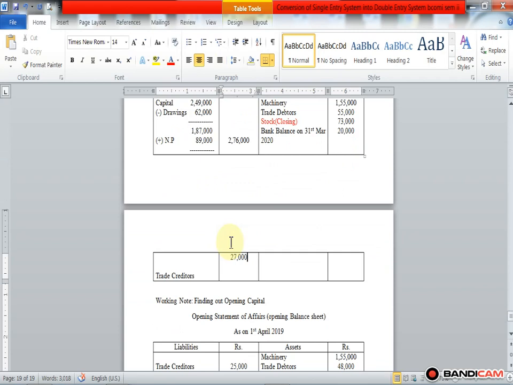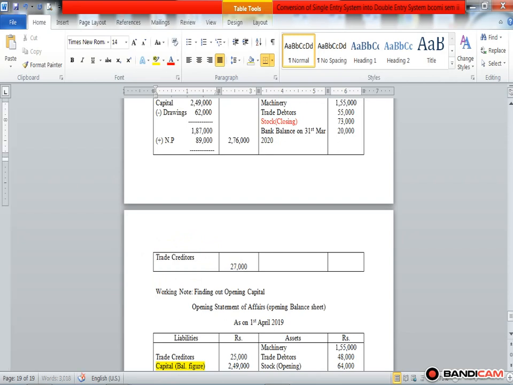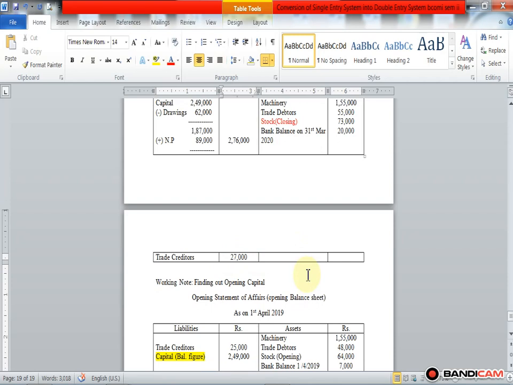If both sides are equal, then our solution is correct. So here make a total: 2,76,000 plus 27,000 is 3,03,000. Okay, 3,03,000 is the total of the liability side.